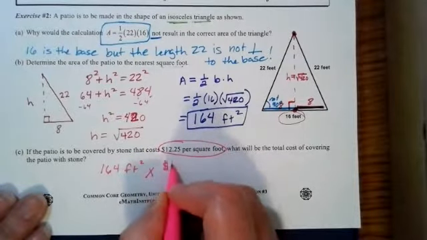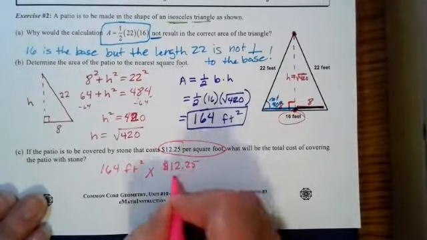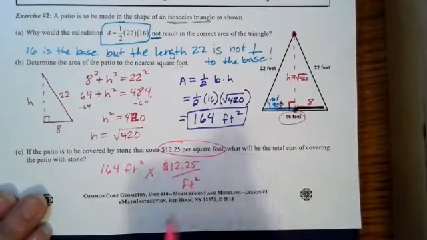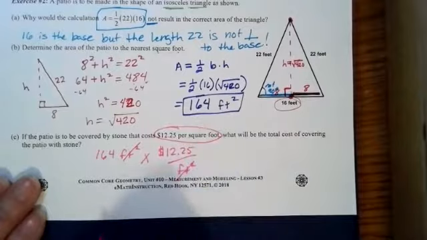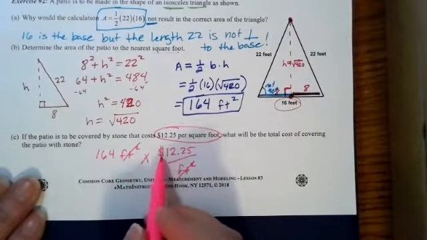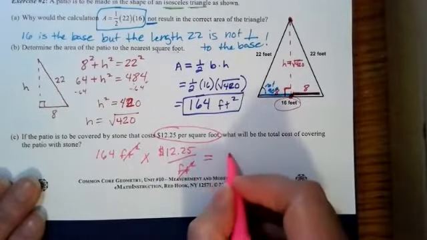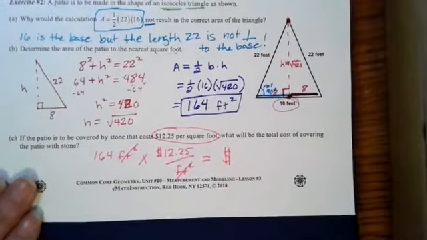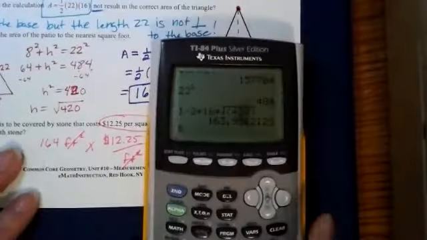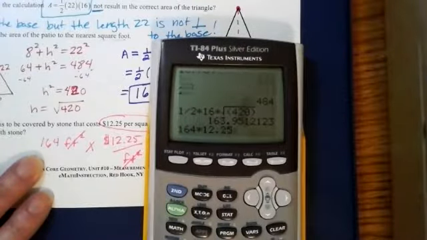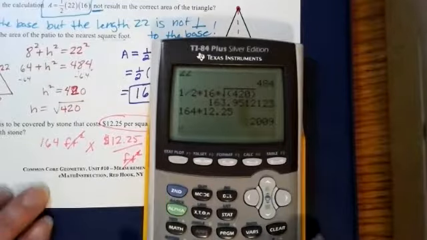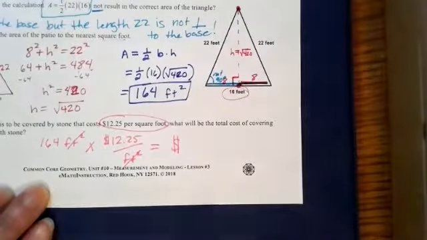So, $12.25 per square foot. So the square feet we see here is going to cancel with the square feet unit there. That'll put my units in dollars. And as far as the calculation goes, let's just grab the calculator back here. 164 square feet times 12.25. $2,009 for the stone on the patio.